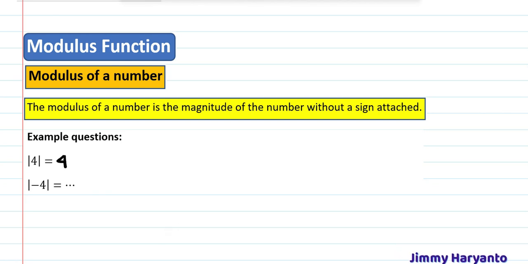And for this one, as we can see, there is a negative sign attached to the 4, and the concept says you have to remove the sign. So the result will be 4 only, without the negative sign in front of the 4. So we have to remove any sign in front of the numbers. That is the modulus of a number.